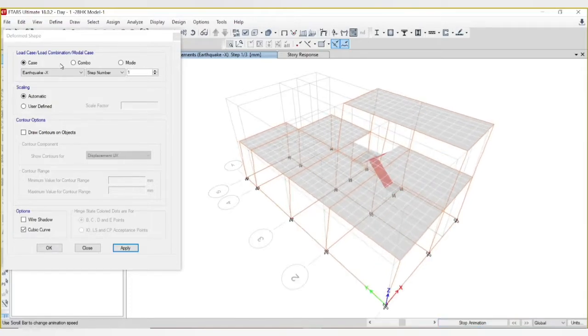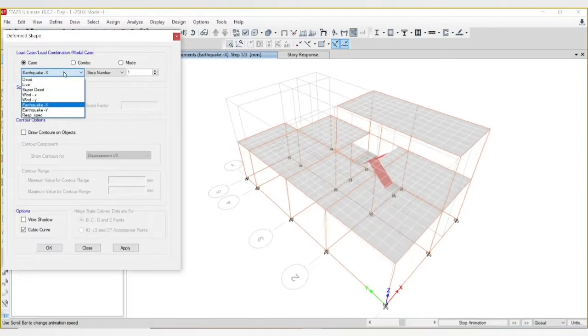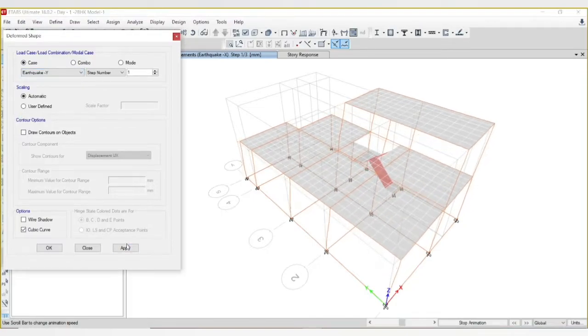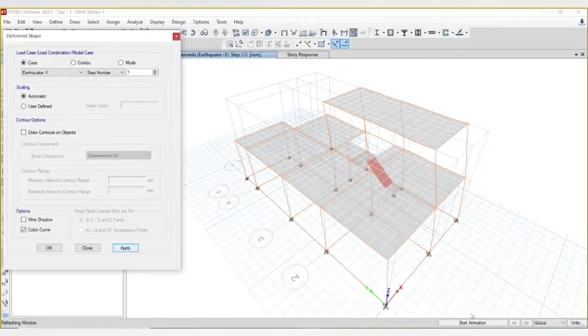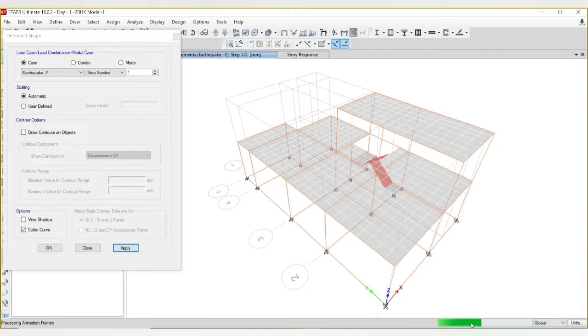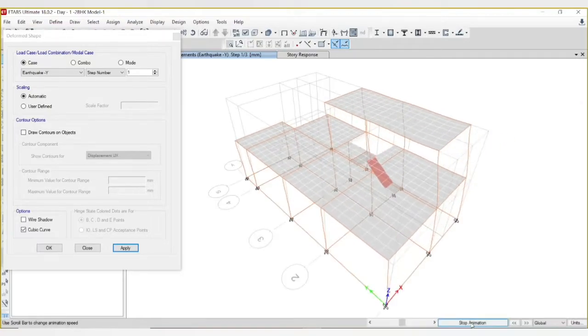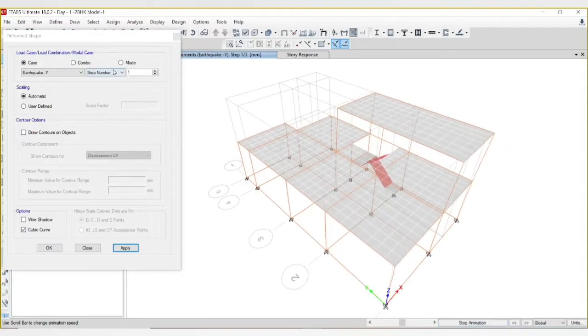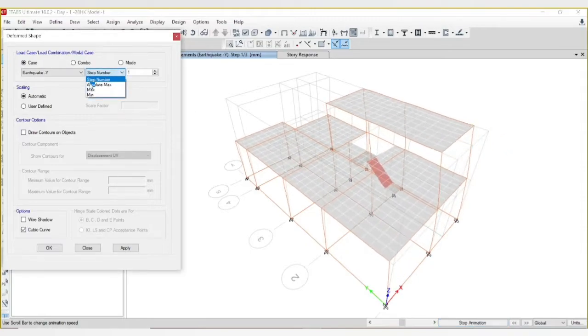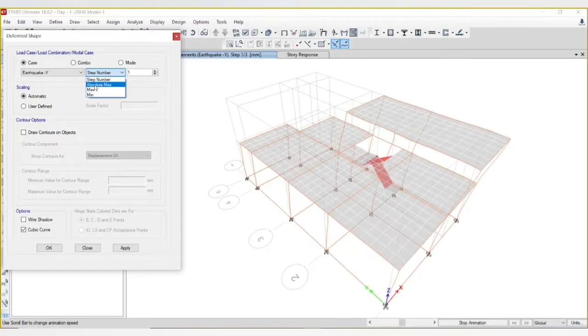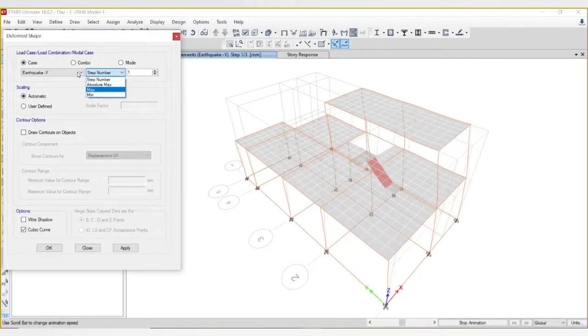And if I am applying in y direction, I can check that and start animation. It is going to deflect in y direction. If I give response spectra, this is the y direction displacement. You can check absolute maximum, maximum or minimum.